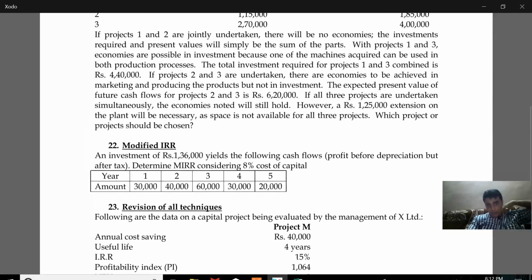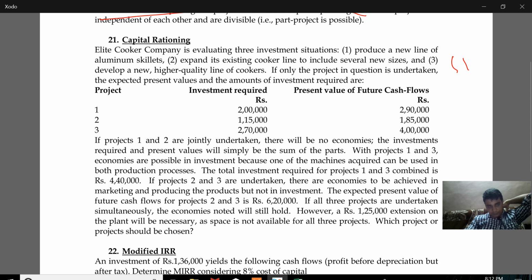Let's proceed then. Question 21. Elite Cooker and Company is evaluating 3 investment situations: produce a new line of aluminium skillets, expand its existing cooker line to include several new sizes, and develop a new higher quality line of cookers. If only the project in question is undertaken, the expected present value and the amount of investment required are given.